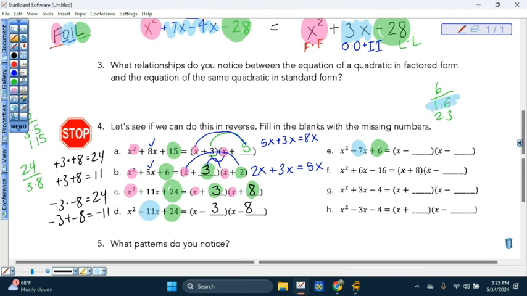How do we get to 7 from 1 and 6? 1 plus 6 gives you 7, so negative 7. Yeah, they both have to be negative, right? That's why they're both negative here. So minus 1, minus 6, or it could be minus 6, minus 1. Either way, it's okay.